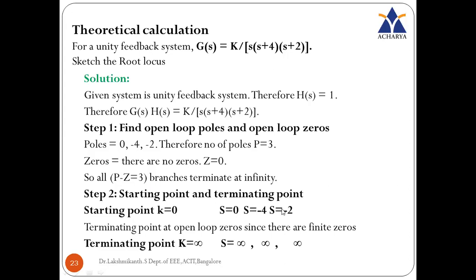And the terminating points are always the finite or infinite zeros. Since in this given problem there are no zeros, all the poles, 0, minus 4 and minus 2, are going to terminate at infinity, infinity and infinity. So there are 3 branches of the root locus terminating at infinite value.